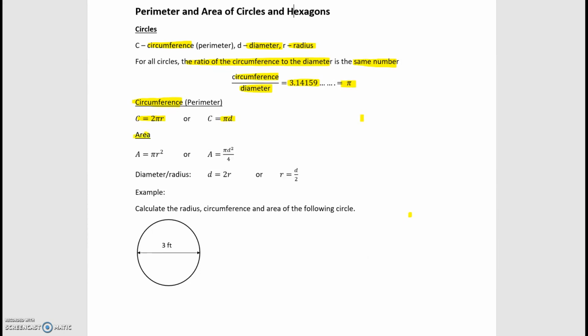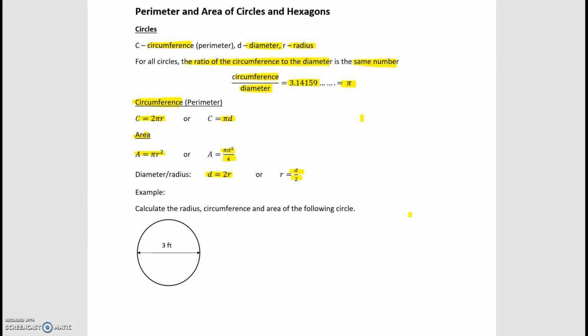So that is a common formula, which is A equals pi r squared. There's a little more technical one as well, which is pi d squared over 4, but we're going to use probably pi r squared. And lastly, remember the formula for diameter. Diameter is twice the radius, or if you were to rearrange that, which we'll be doing more algebra in the course in a bit, radius is equal to the diameter divided by 2.